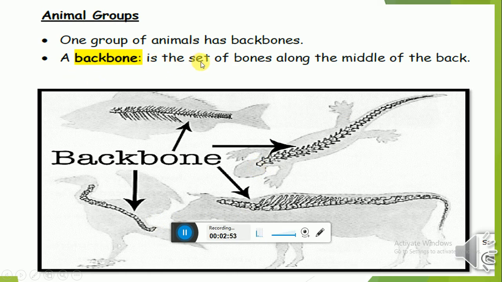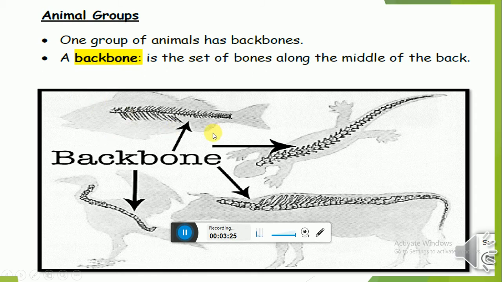It is the set of bones along the middle of the back. You can feel it with your hand. You can find some tall bones along your back in the middle. You can find it with your hand. You can feel it. Okay, so this is backbone.